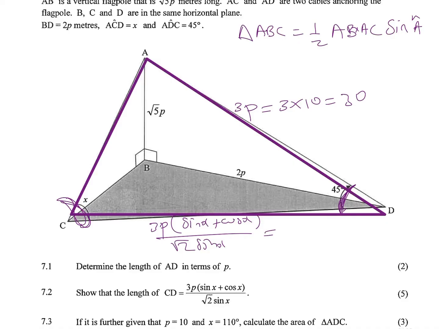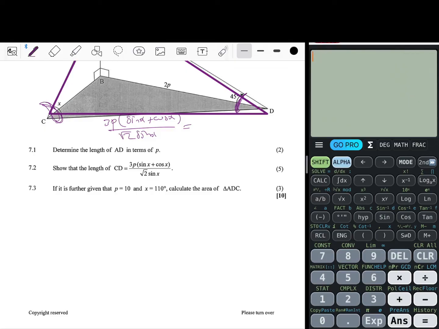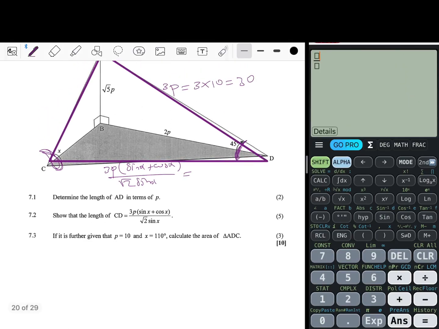And here, you can bring on your calculator. On my calculator, what I need to do is calculate the length of CD. Where this P, I put 10, where this X, I put 110. So it's going to be 3 times 10, sine 110 plus cos 110, over root 2 times sine 110.